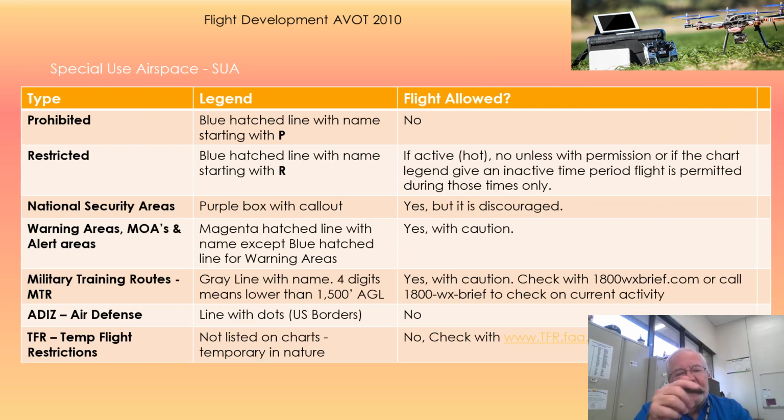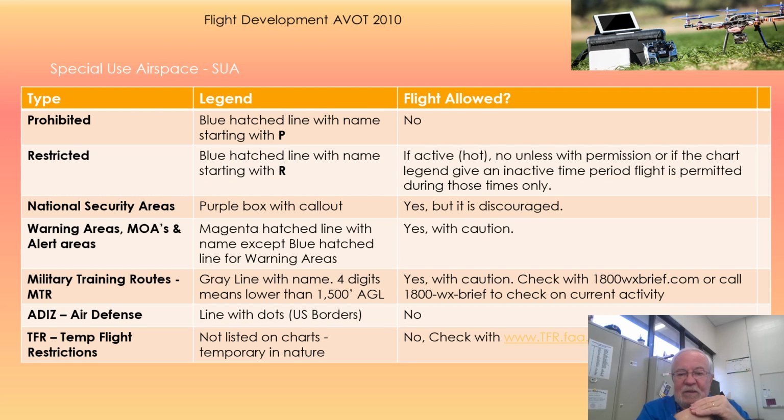Okay, now there's other kinds of airspace that are regulatory. Let's see, special use airspaces, prohibited. Typically a blue hatch line and says P and dash and a number. Can't fly in those areas. Restricted area, again, it has an R dash with a number. And there, if it's active, or they say hot, you're not allowed to go in there.